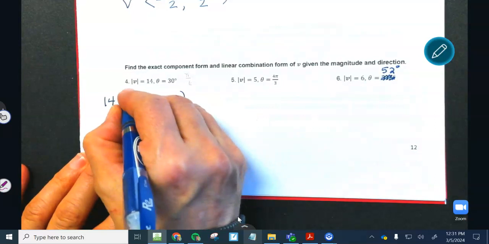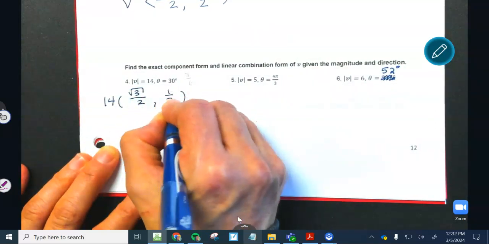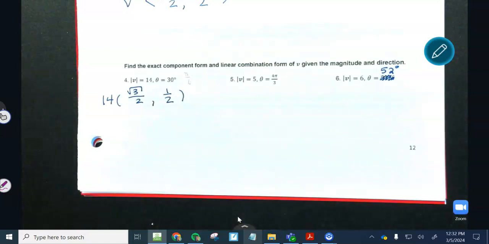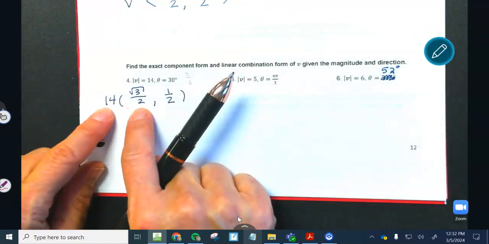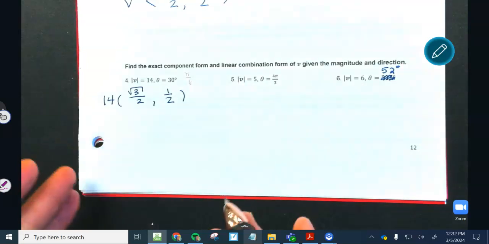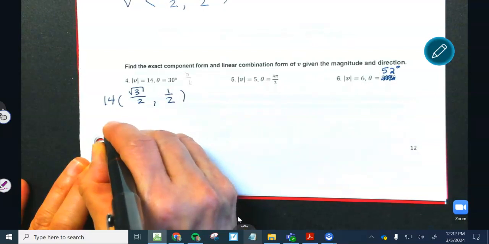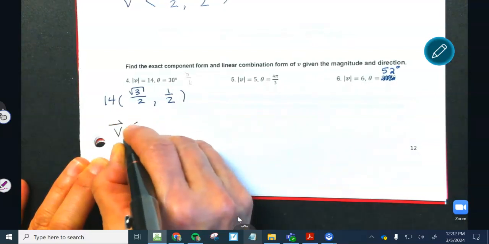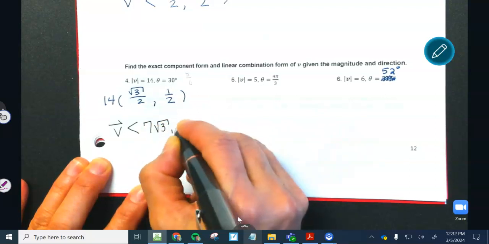So remember, pi over 6 is going to be root 3 over 2 and then 1/2. We're just going to distribute. So when we distribute, we're going to do 14 divided by 2. And the instruction said to have exact form. So vector v in exact form is going to be 7 square root 3, comma 7.